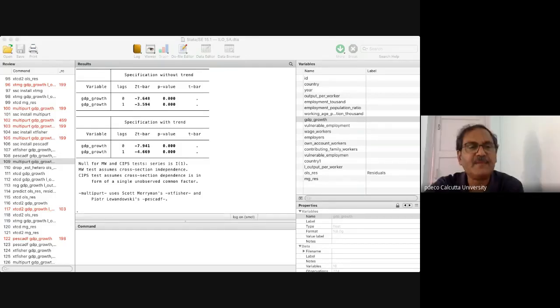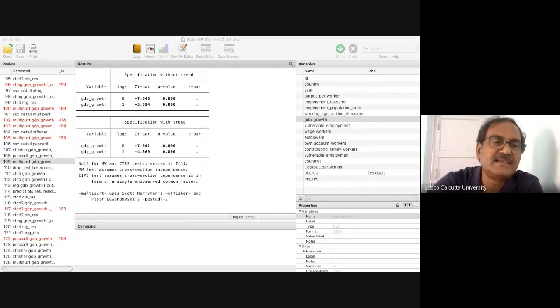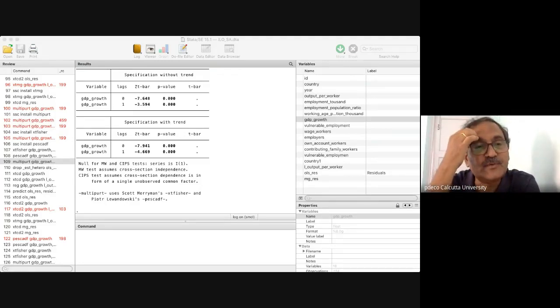So in dynamic panel, we have discussed 3 models. One, Anderson and Hsiao. It is basically an instrumental variable estimation method, by considering the first difference.